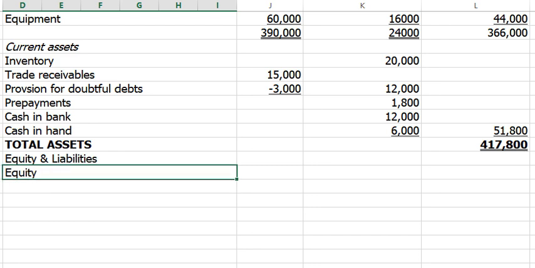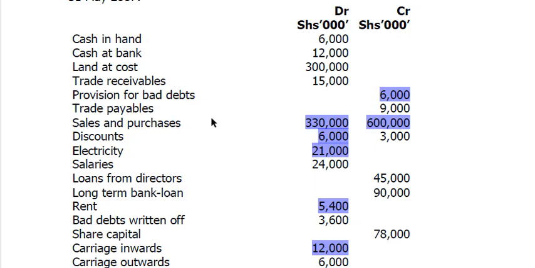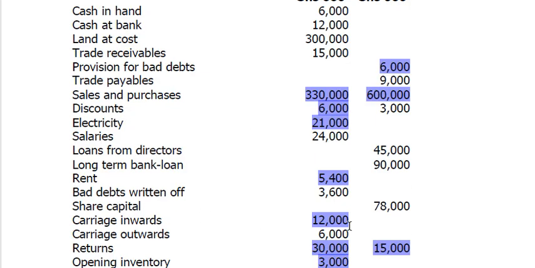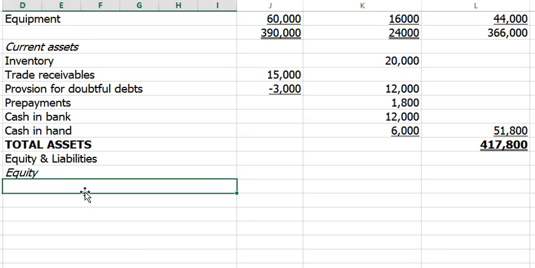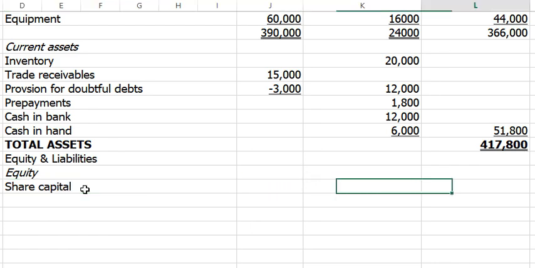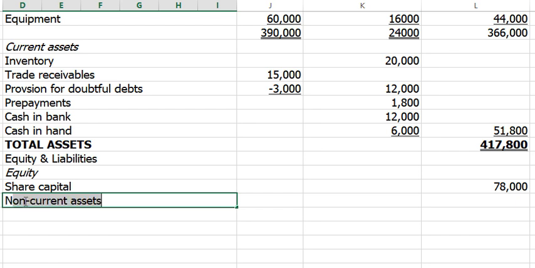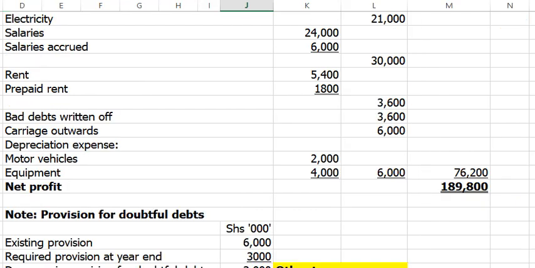I'll start with the equity section, and under the equity of ASPRO, here you talk about things like the share capital. In the question we have share capital of 78,000. Then after the share capital, we'll bring the net profit from your part A, from the statement of profit and loss.